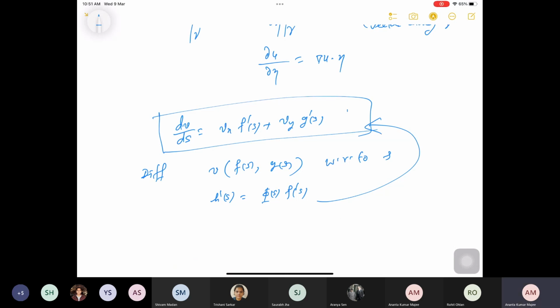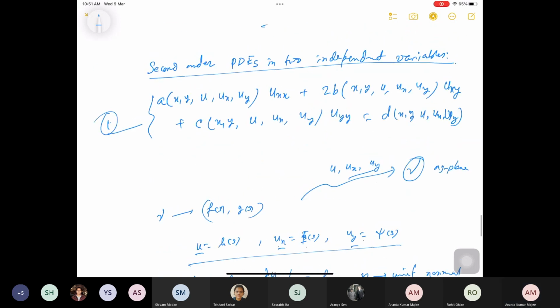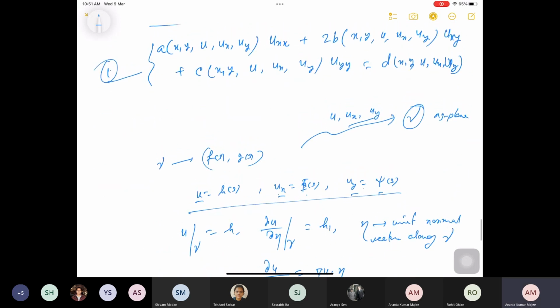So here v is any arbitrary function such that the partial derivatives v_x and v_y are given to you on your gamma. Now I have a parameterization of my gamma which I wrote down, which is f of s and g of s, and for v_x and v_y I have a parameterization that is basically phi of s and psi of s.